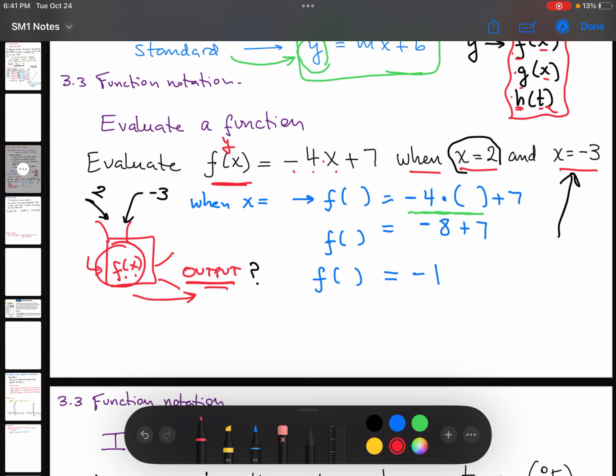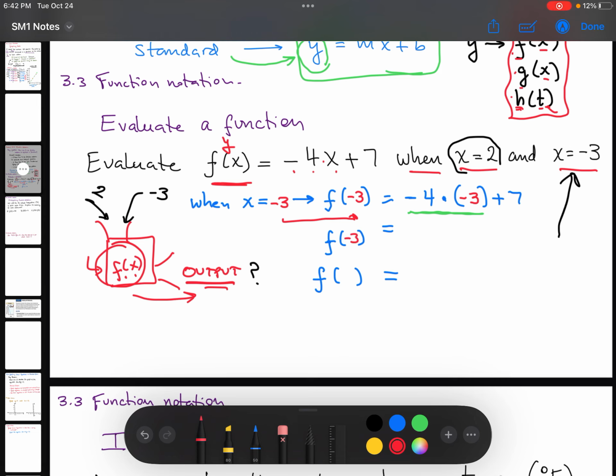So when x equals negative 3, I'm going to substitute it here because now the input is negative 3, which means that right here we have negative 4 times negative 3, and then you do plus 7, right? Okay, so let's keep going.